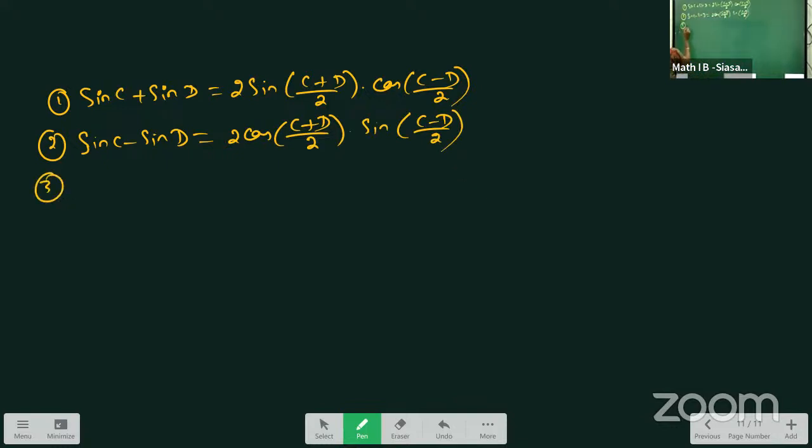Next, third, cos C plus cos D is equal to 2 cos of C plus D by 2 into cos of C minus D by 2.